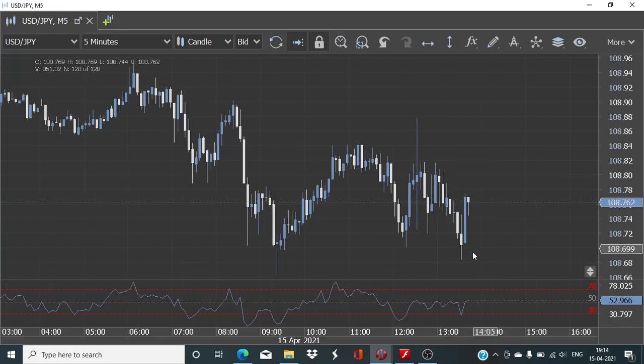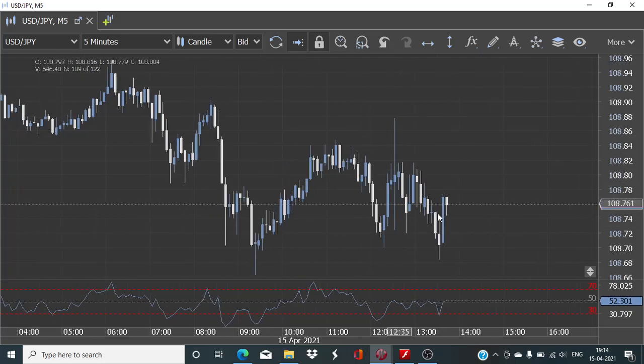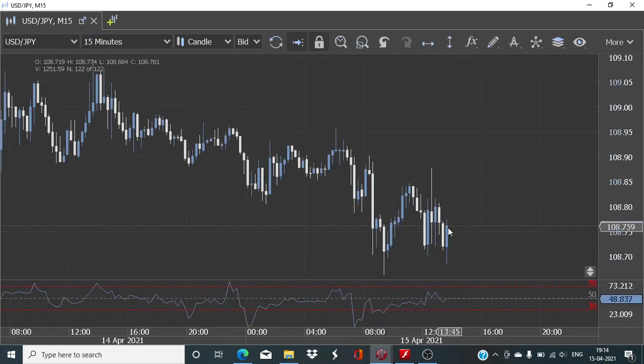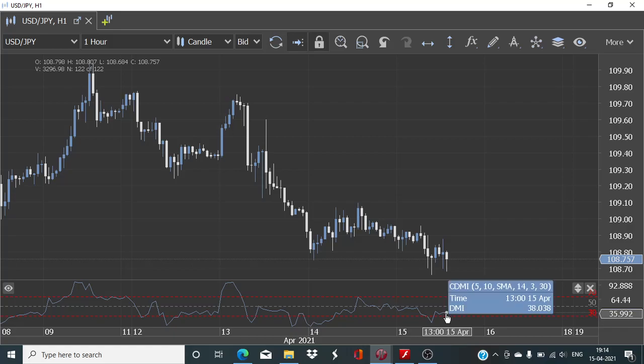As I explained to you, whenever we will be looking for the initiation of the buy trade, along with the 15 minutes time period, I think I was looking for 5 minutes, not 15 minutes, as it will be pretty difficult to get us the entry with overbought oversold scenario when we have the change on the hourly time period.